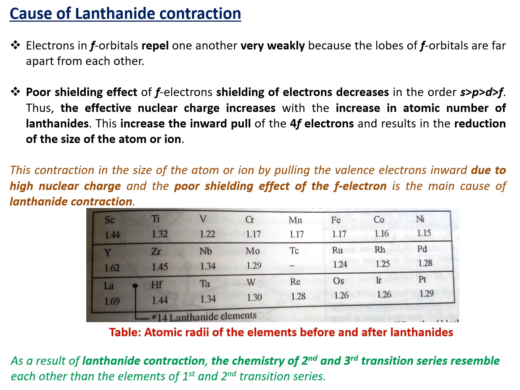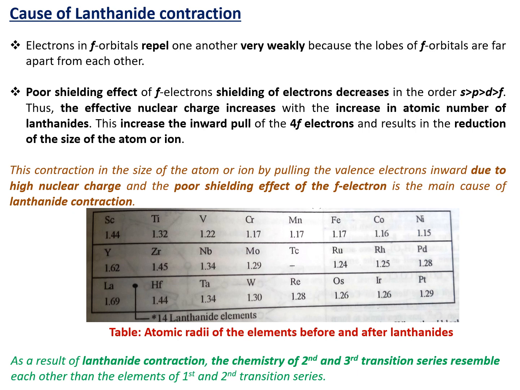The causes of lanthanide contraction. Electrons in the f orbitals repel one another very weakly because the lobes of the f orbitals are far apart from each other. This gives the poor shielding effect of f electrons. Shielding decreases in the order s, p, d, f.